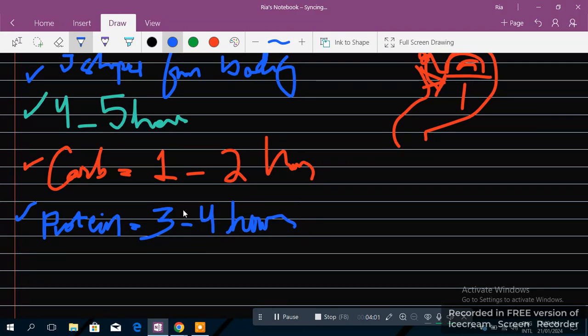And when you eat fat, I mean lipid, fat needs more time, so it's around 4 to 6 hours for fat to dissolve or break into parts. 4 to 6 hours, it's a very good ratio if you remember all this.